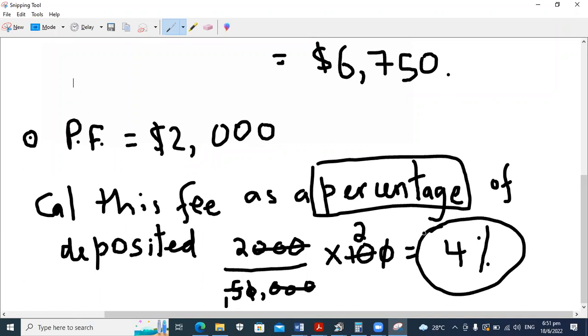So the percentage fee that they charge to do this transaction is 4%. All right. Any questions? No, sir. All right.